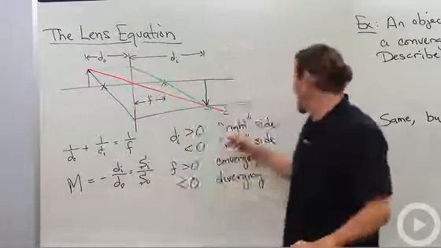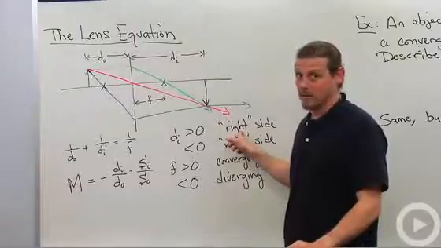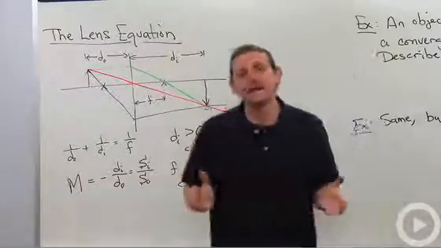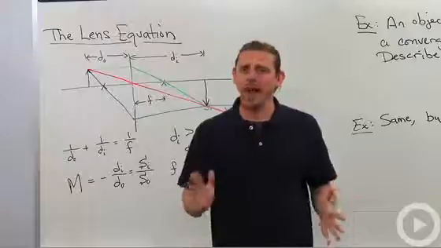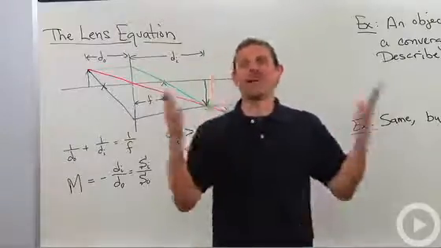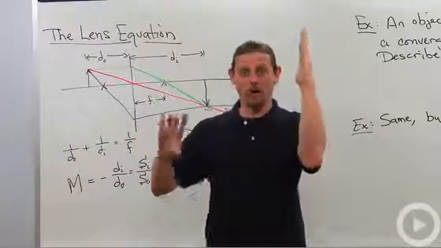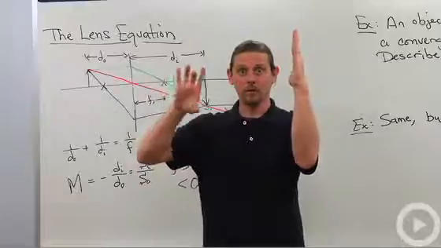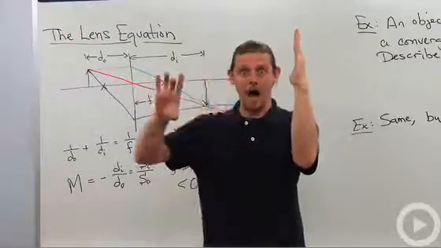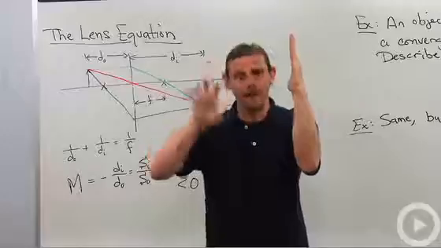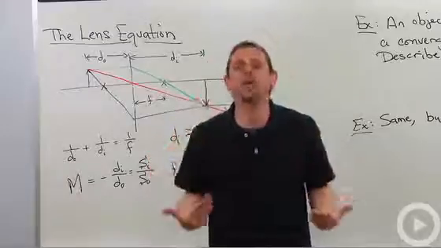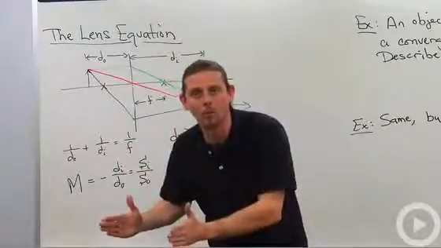Now, the reason why I say the right side here is that when it's a mirror, it kind of goes the other way. Mirrors are supposed to reflect light. So if I've got a mirror here and the object is here, positive DI means that the image is on the same side as the object because that's where the light is supposed to go.